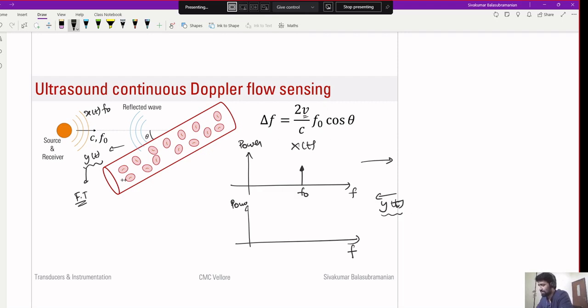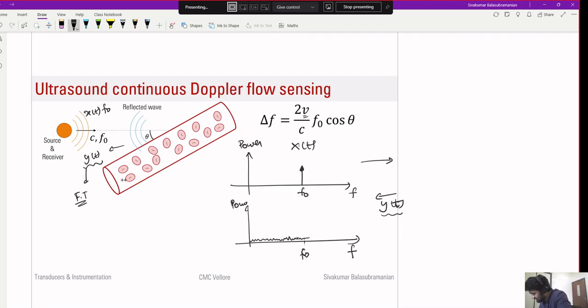Let's assume there is some noise, so you might see something like this, a smaller spike at f naught minus delta f, and let's say delta f was negative.